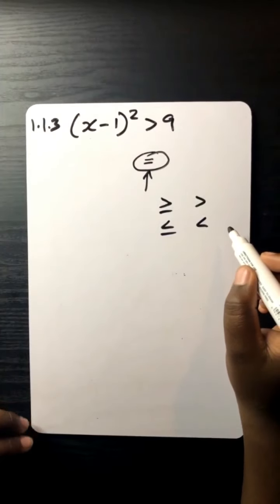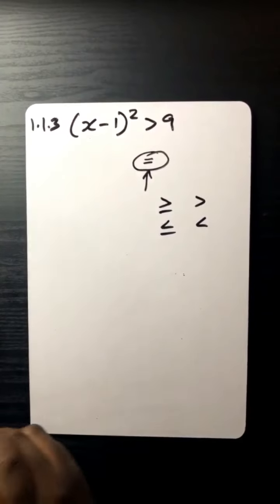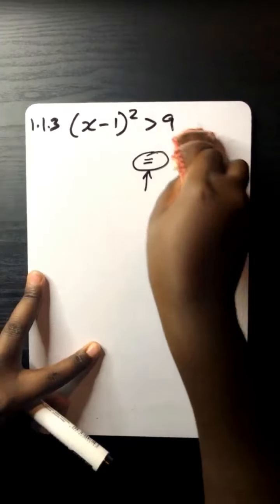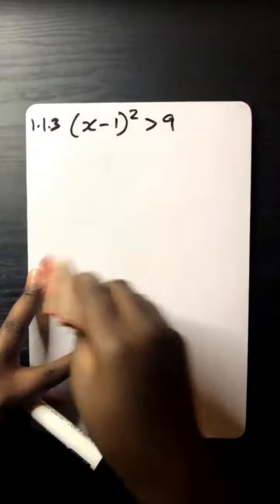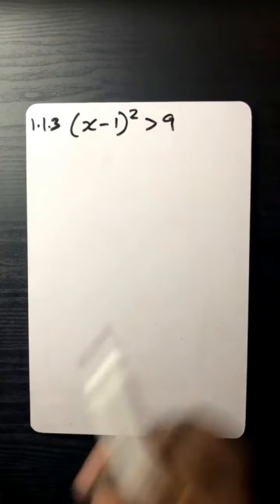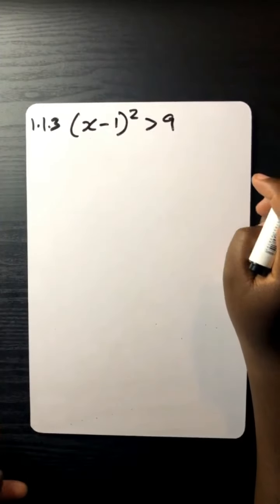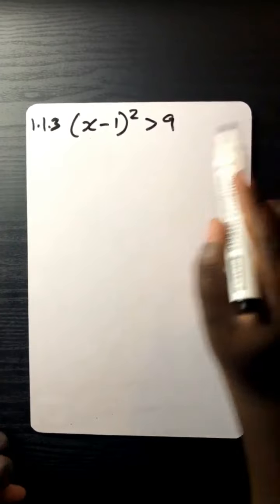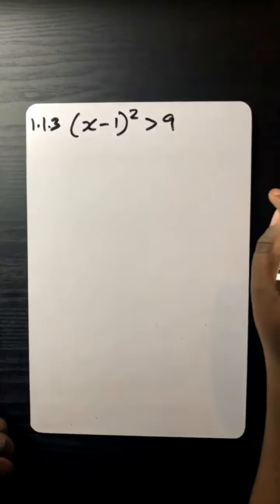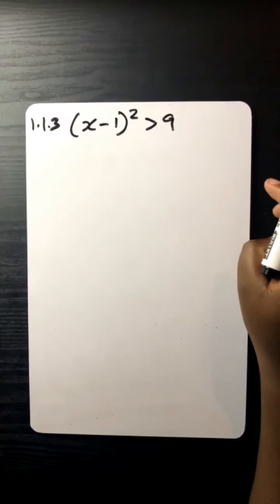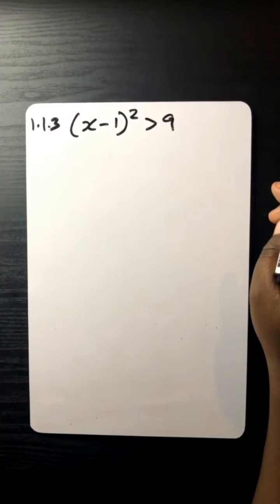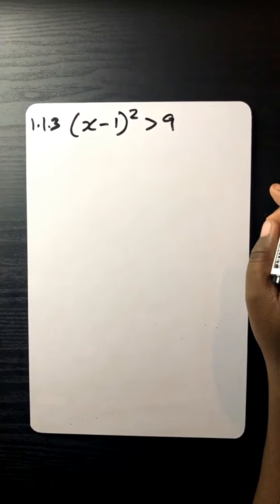So now, ladies and gentlemen, the same questions apply even for a quadratic inequality, the same question you would ask yourself if you're dealing with a quadratic equation. Is this in the standard form? The answer is no. If it's not in the standard form, then we need to work it out until it's in the standard form.